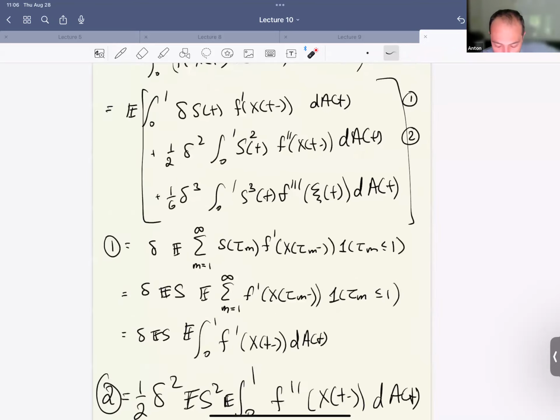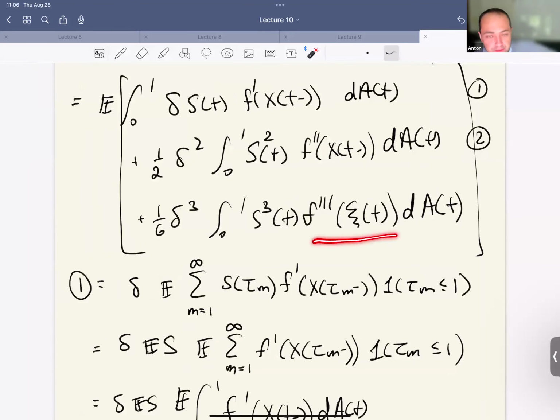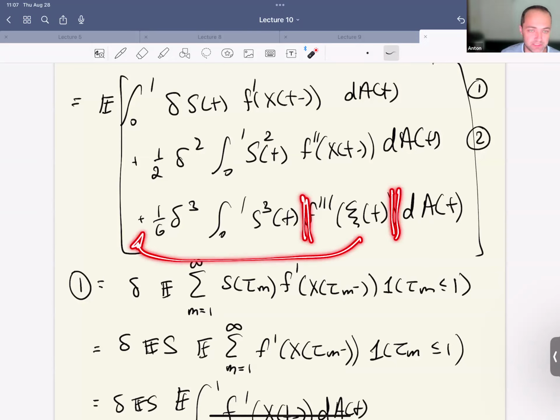Let me give you a quick argument why we can treat this as error without any extra fancy machinery. Suppose we know that the f triple prime, the third derivative, is bounded uniformly. So uniformly across all possible states it is bounded by some constant. So we can take the norm of this thing and we can pull it outside of the integral, if we're just interested in bounding this, not computing it. If we pull out the norm, then we have this s cubed term.